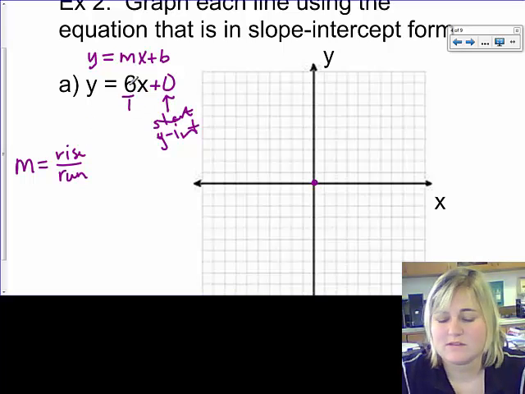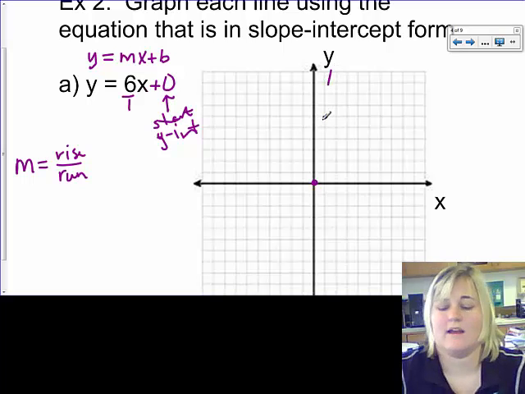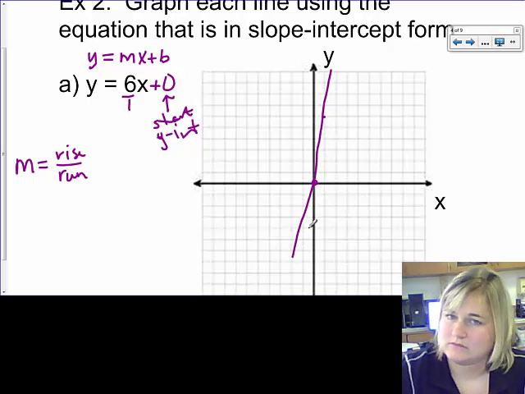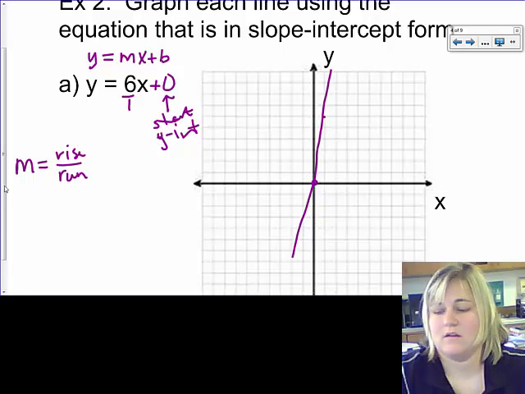So my rise is 6, so from this point I'm going to go up 6. 1, 2, 3, 4, 5, 6. And I'm going to run 1, and it's positive, so right there. And now I have my line. Now, it should be straighter than that. I'm not very good with my pen here.